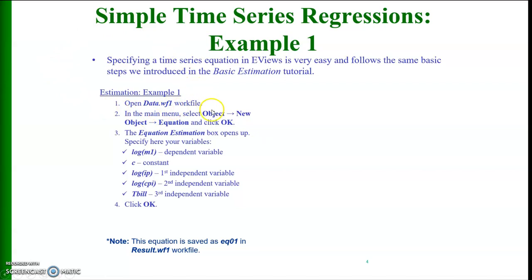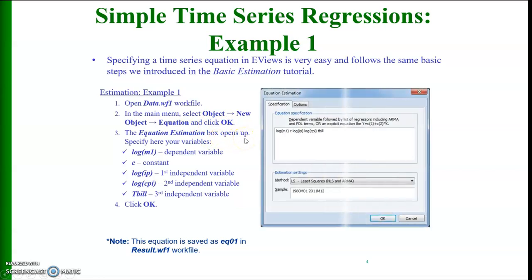I will select object, then I will go to new object and equation, and I will click OK, and then the equation estimation box will open, and I can specify various variables like this.